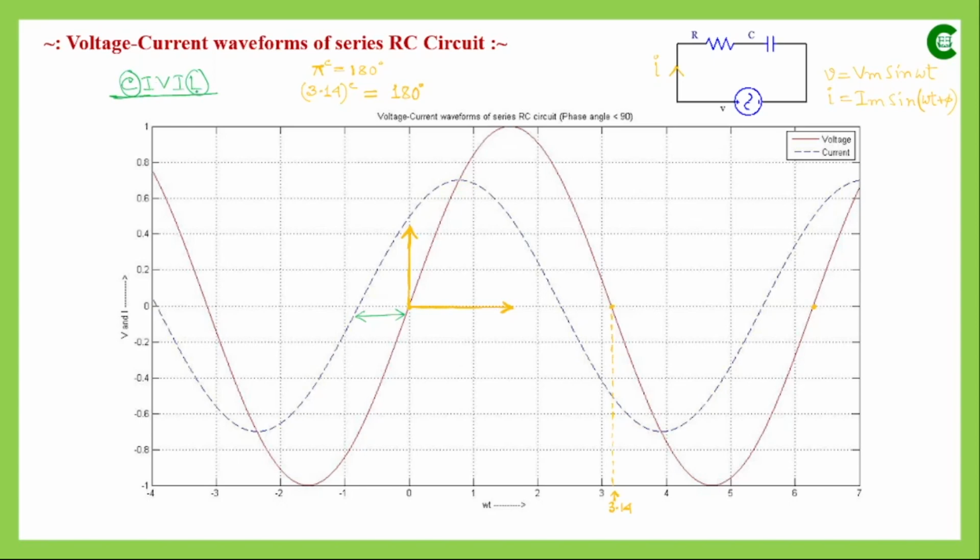And in case of an inductive circuit or inductor, V since it has been written before I, if we think in reverse order, then in case of an inductor, V leads and I lags. So in this capacitive circuit or RC circuit, we can see here that the voltage lags and current leads. So in case of a capacitive circuit, in case of a capacitor, current leads and voltage lags.